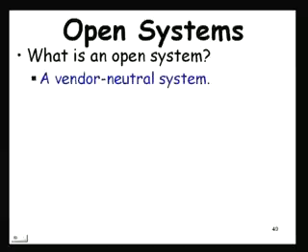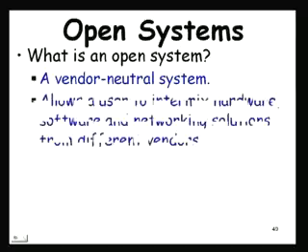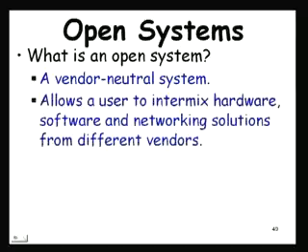Anyway, let us proceed, because these are important terms, you hear them once in a while, even in newspapers or in general conversation. So, let us see this. An open system is a vendor neutral system. It allows the user to intermix hardware, software and networking solutions from different vendors.